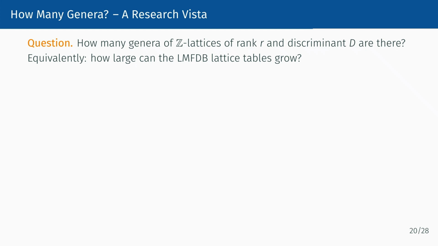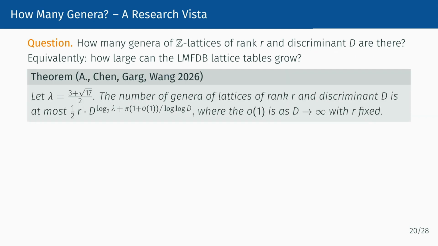Before one does such a thing, we need to think, well, how many lattices do we expect to find? And maybe more importantly, how many genera of lattices do we expect to find? So given a rank and discriminant, how many different genera will we find there? So one can try to count these things.